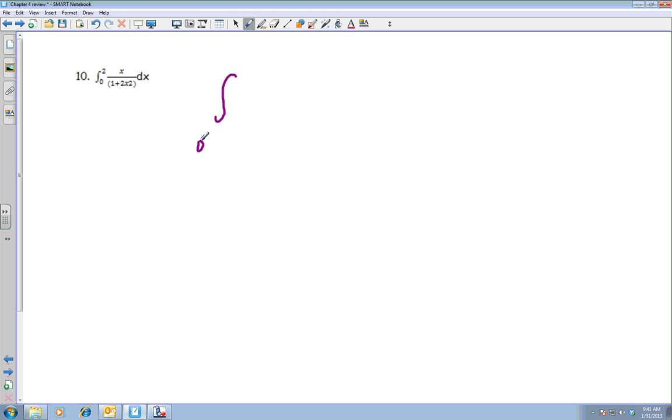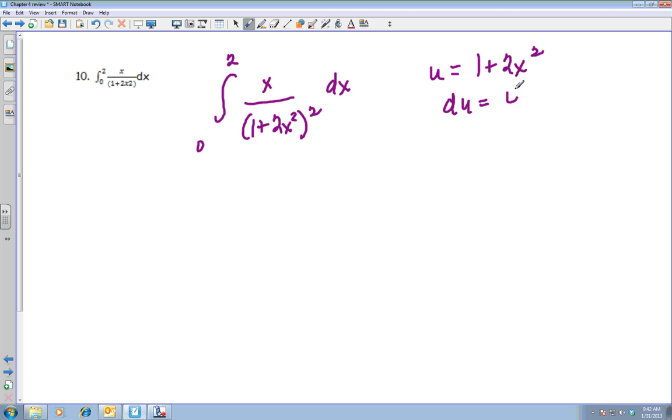Here's my real problem. X over 1 plus 2x squared quantity squared dx. So my u in this problem is 1 plus 2x squared because it's something raised to a power. My du would be 4x.